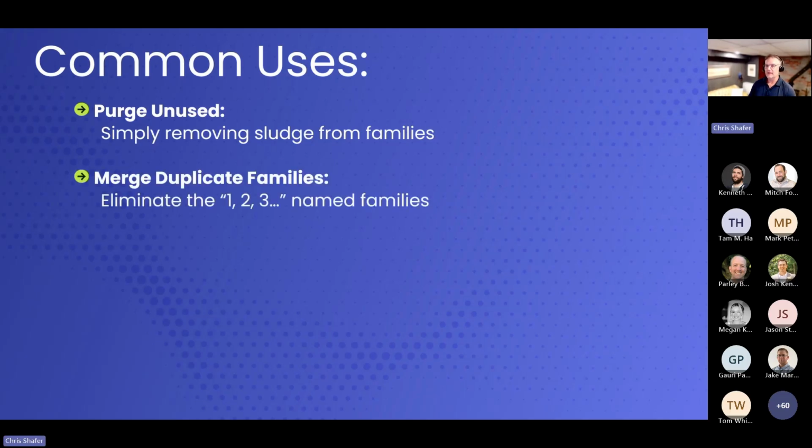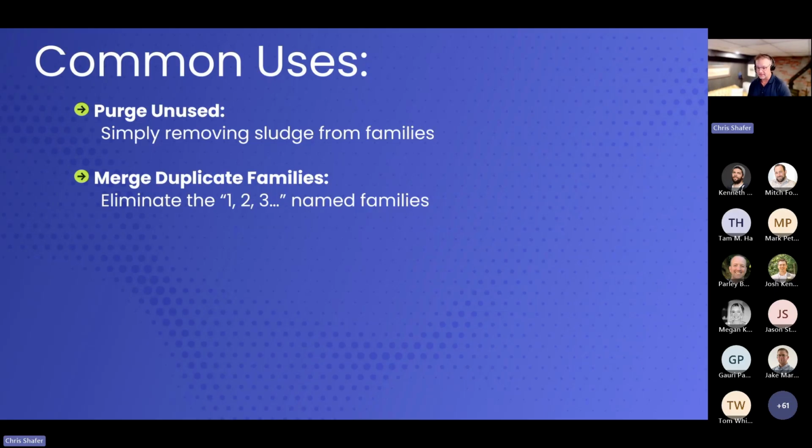Right, merge duplicate families. We've all seen this before: what appears to be exactly the same family that you're importing from, say, another project, and Revit says, oh, there's something slightly different. It might be the value assigned to an instance value or something else, in which case Revit says, well, I don't want to make the assumption this is the same family, so I'm just going to add the 1s and 2s and 3s.